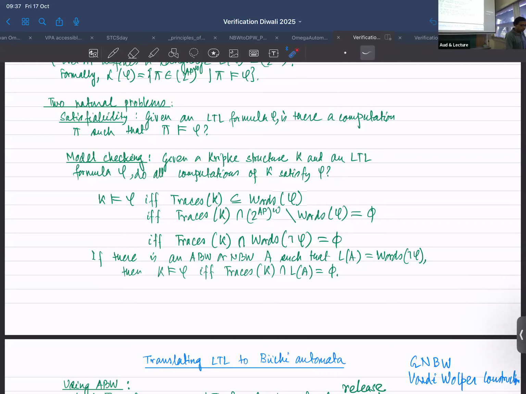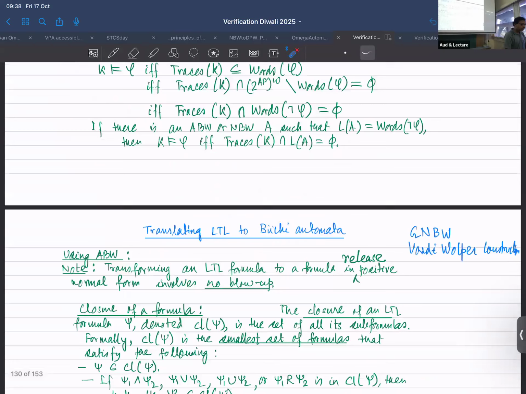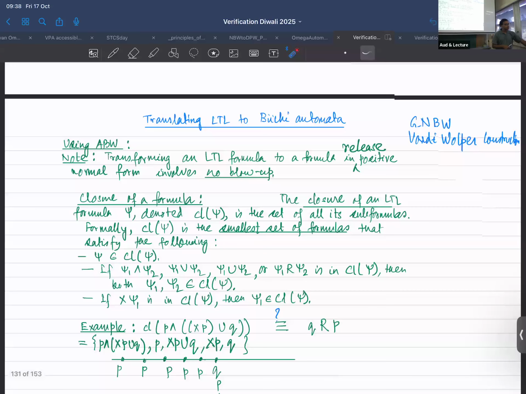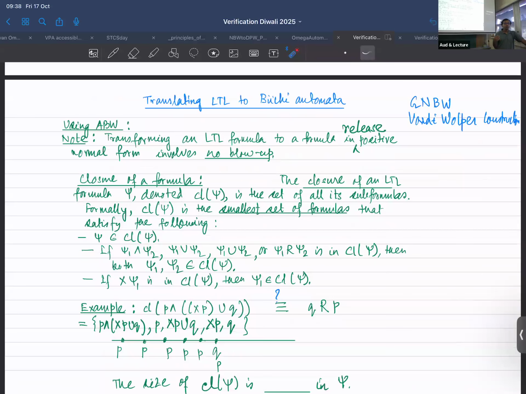If we have a tool to construct an automaton whose language is the set of words which satisfy the negation of the formula, then you can take the intersection of the Kripke structure and the automaton, and check whether the language for that is empty. Okay, and we started looking at how to translate such LTL formulas into an automaton.